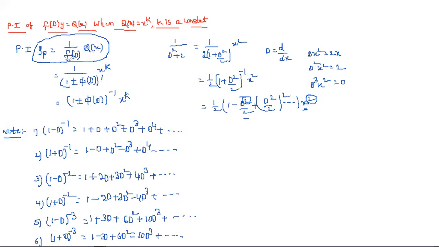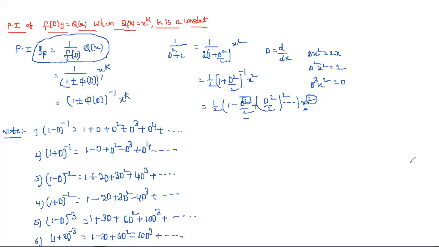After that, we write f of D in the form of 1 plus or minus phi of D. After that, you take that into the numerator and expand it using these expansions. After expanding, you multiply the polynomial with the terms. After applying the derivatives, whatever terms exist, you write those, and that is the particular solution for a polynomial function. Next, let us see the problems on that.